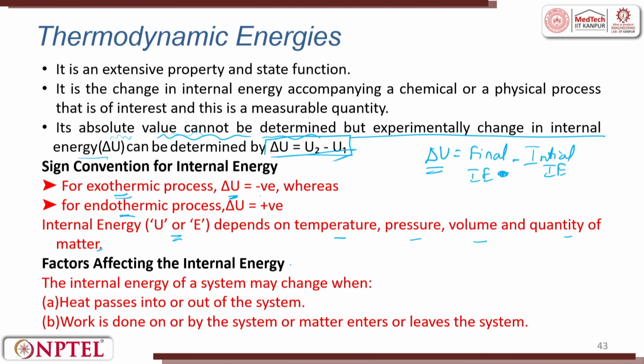The factors affecting the internal energy are: heat passing in and out of the system, work done on or by the system, or matter entering or leaving the system.